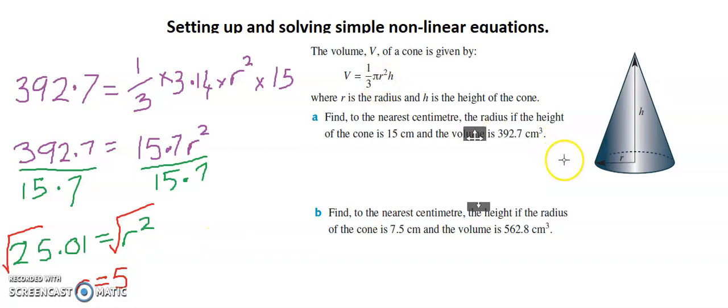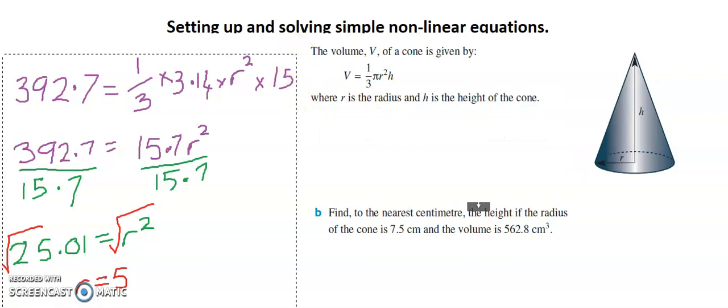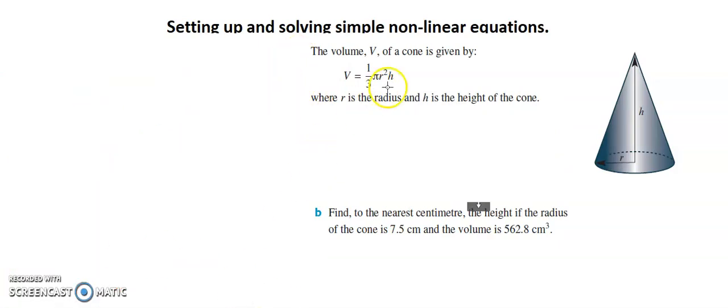Now the next question is the same, it's just slightly different. So again, we are using the same formula, but it says the height is what we need to find. If the radius is 7.5 and the volume is 562.8.